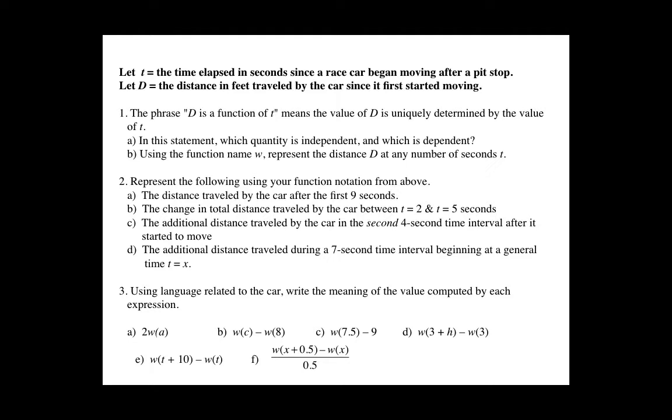Part E says W of T plus 10 minus W of T. And then the last expression says W of X plus 0.5 minus W of X, all over 0.5.